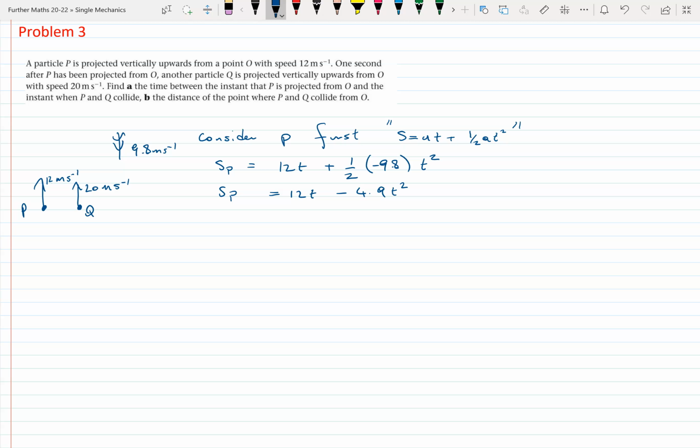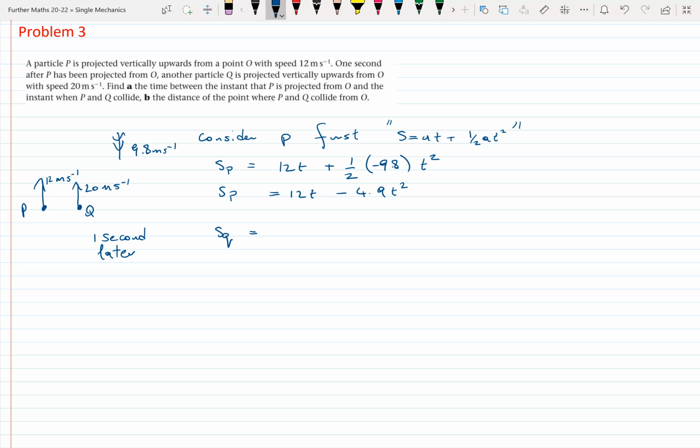Right, and we can do a similar thing for Q. SQ. Now here's the thing here, because Q is taken 1 second later, we need to make sure we have the correct value of t. It's going to take 1 second less for it to travel a certain distance.